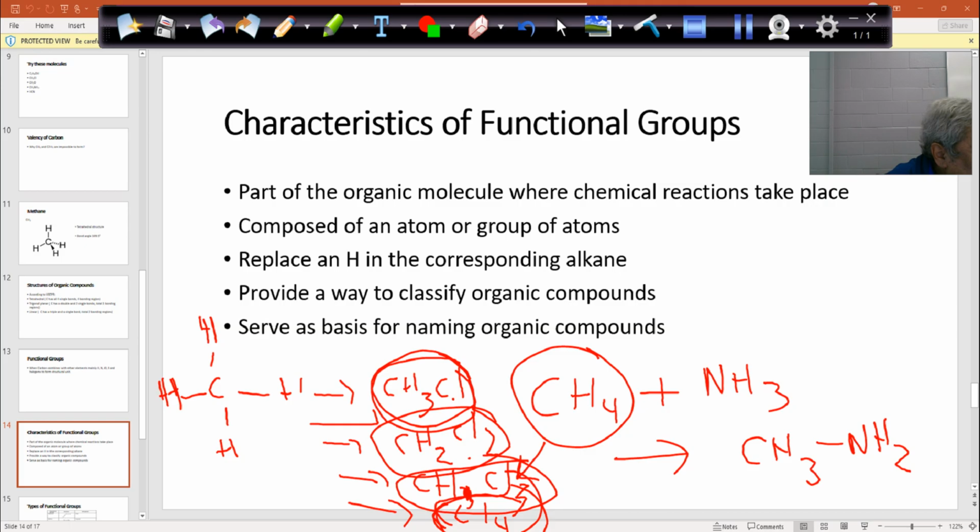It's in the movies. Put some on a piece of clothing and then put it to the nose, and the person inhales this chloroform and goes to sleep for a while. So that's the case. You can replace each hydrogen of this alkane using those functional groups.